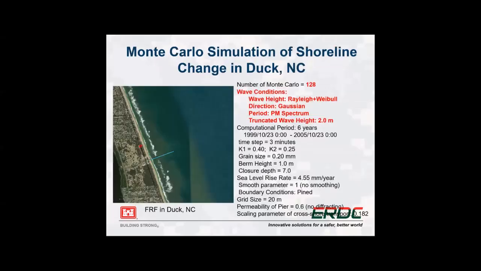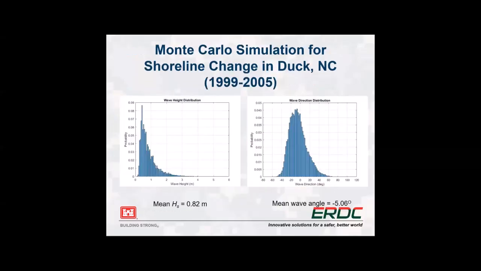Now here's just an example at Duck, North Carolina. The computational period was 6 years with a 3-minute time step. You have the wave height distribution, the wave direction distribution.